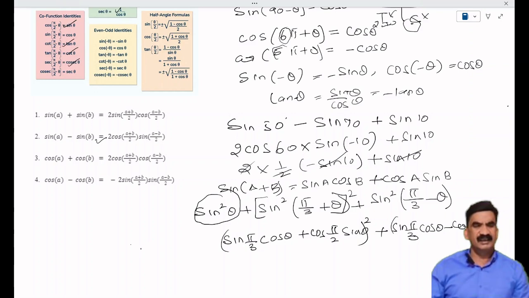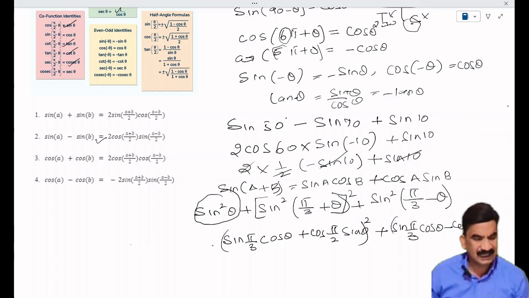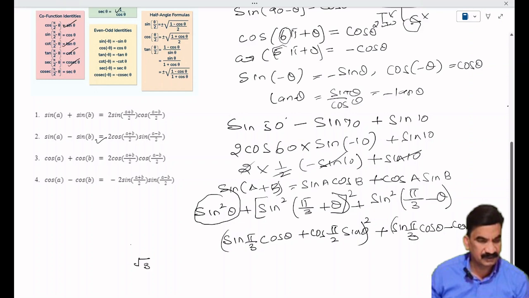So I'll show you how it is solved. Sine pi by 3, sine 60, is root 3 by 2. And then I have cos theta plus, cos pi by 3 is 1 by 2, and sine theta, right?